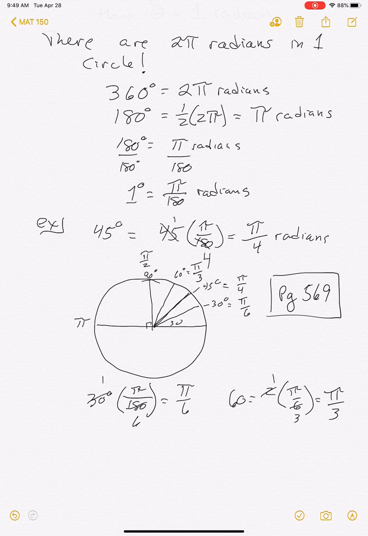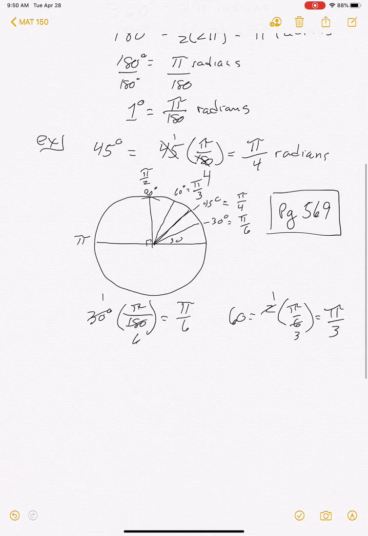Like, if I know 30 is pi over 6, then 10 degrees is 1/3 of that, or pi over 18. So you can work between degrees and radians if you just remember a few of them.